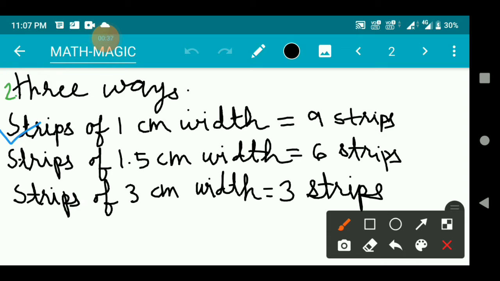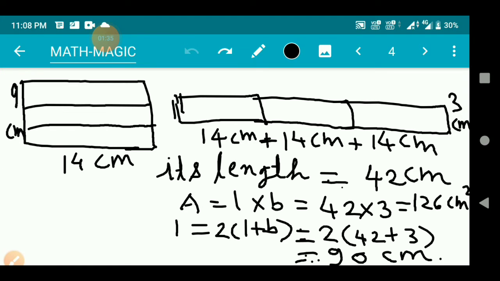So we will get 9 strips. Then the second one is strips of 1.5 cm width. So we will get 6 strips. Then strips of 3 cm width, 3 3s are 9. So we will get 3 strips.